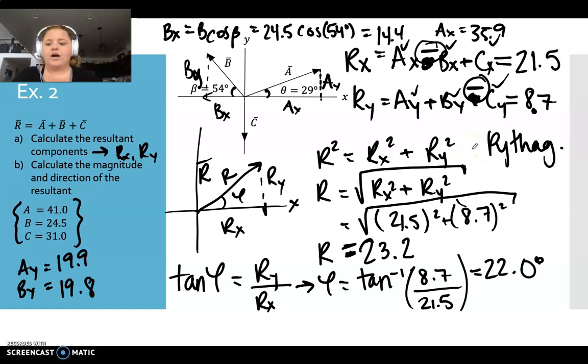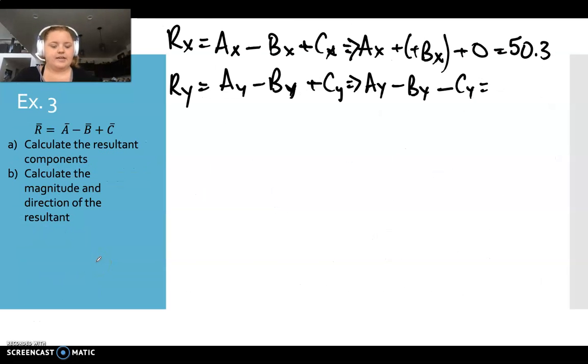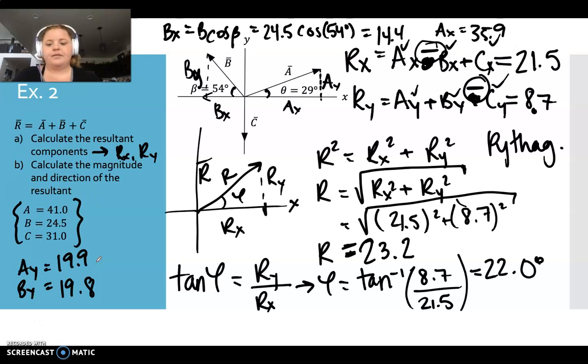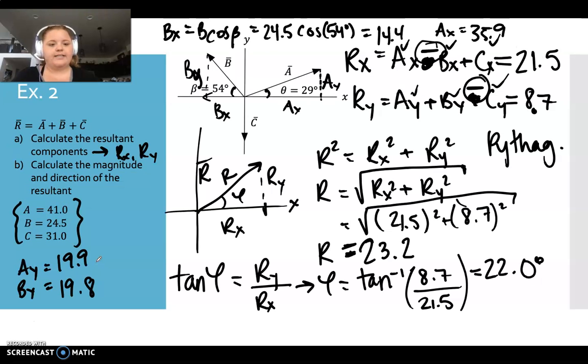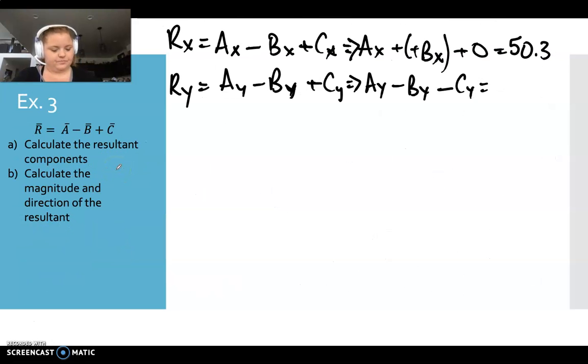Now we have a sub y, which is down here, 19.9, now we have a minus b sub y, which is 19.8, minus c sub y, which is 31. Minus 31. So now we have our r sub y is negative 30.9. So this is part A.